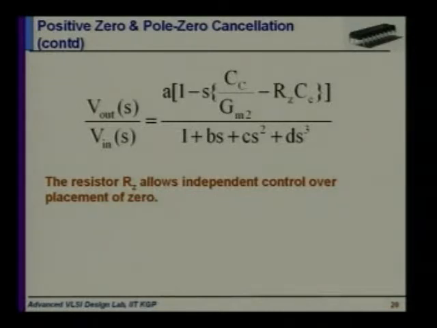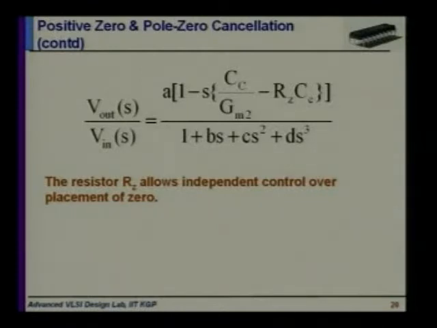If you go through these equations, you can see that in the position of the zero, the term is Cc by gm2 minus Rz into Cc. In the coefficients B, C, D, Rz also appears, but it has very negligible influence.